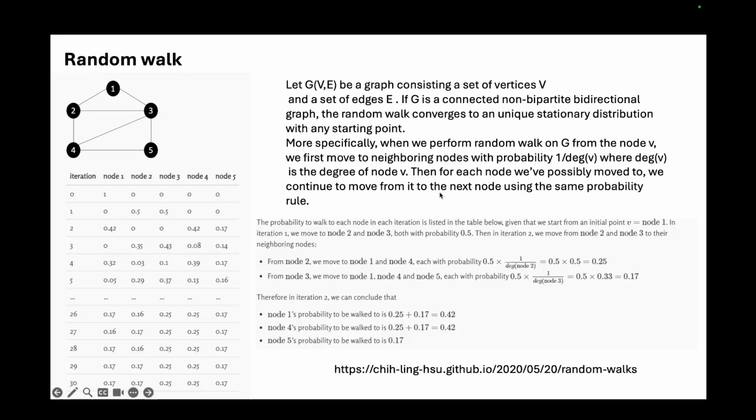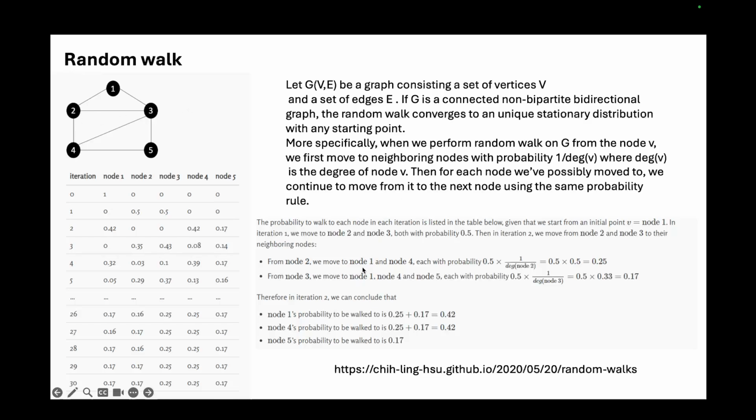Now for the next iteration, in iteration 2, you move from node 2 and node 3 to their neighboring nodes. So from node 2 you can move to node 4 and 3, and from 3 you can move to node 2, 4 and 5, right? So for node 2 it's 1, 4 and 3, right?